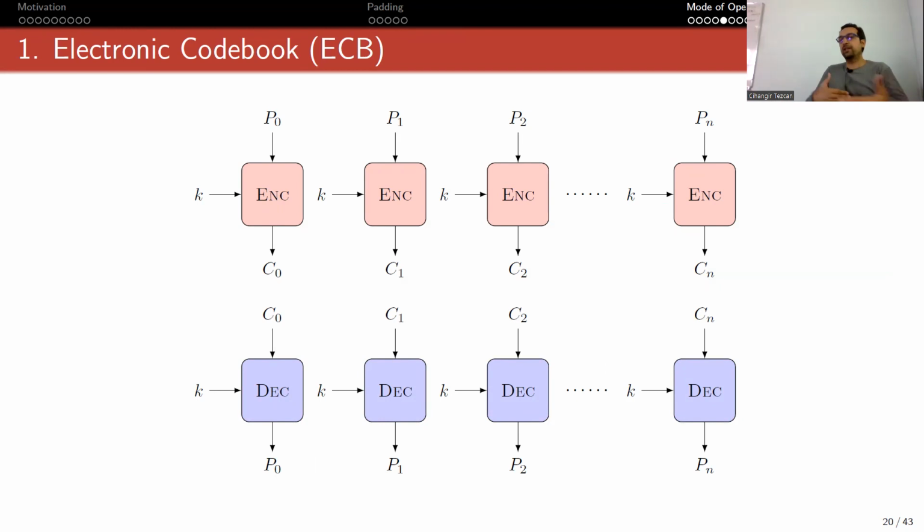There you're only XORing the key stream, so encryption and decryption become identical. So in a few modes of operation later, you will see that there won't be these dec operations, decryption, but instead it will be enc too.